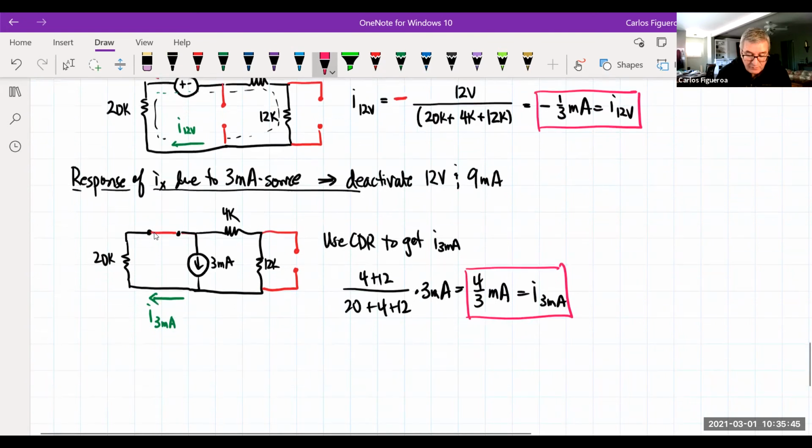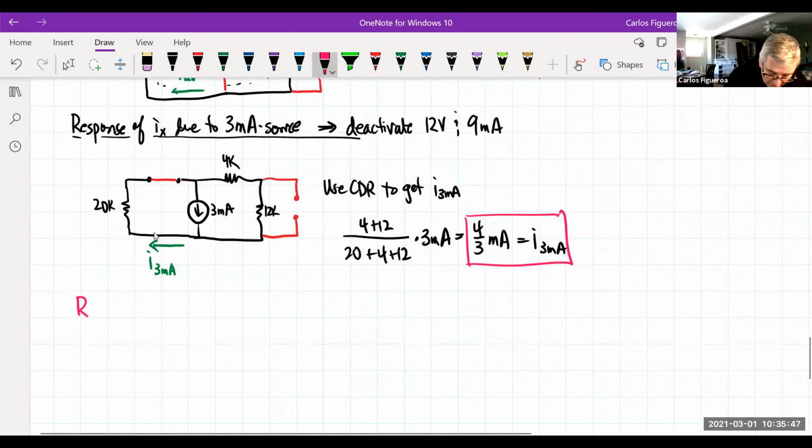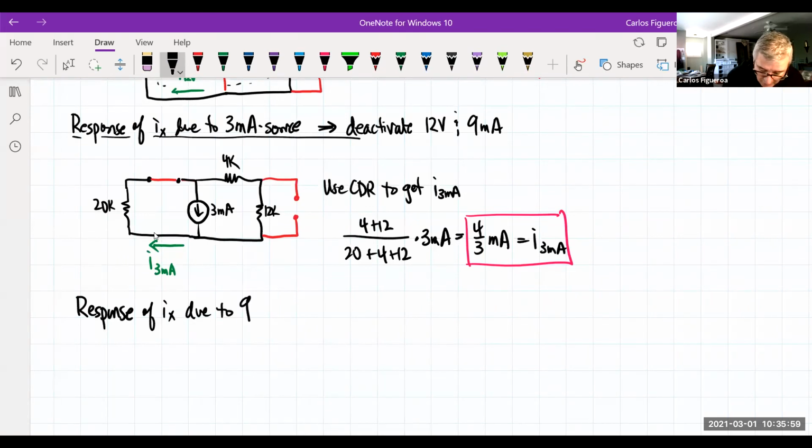And then finally, we have one more. So I'm then going to have the response of IX due to the 9 milliamp source. And so, of course, I have to deactivate the 12 volt and the 3 milliamp source.